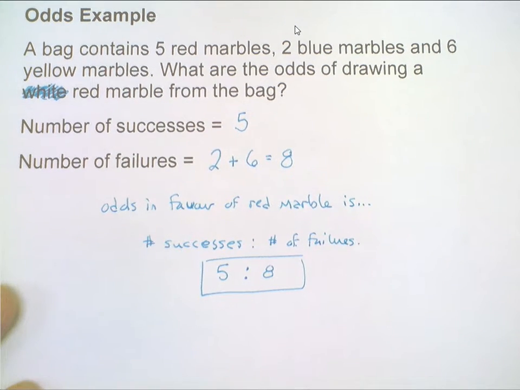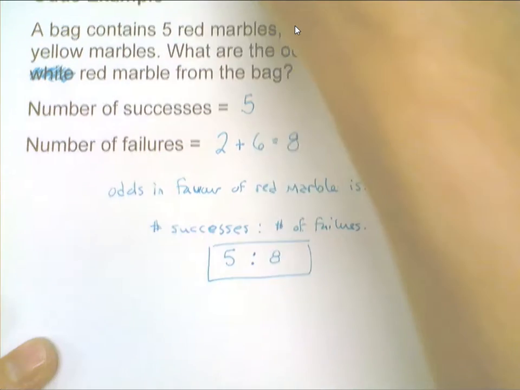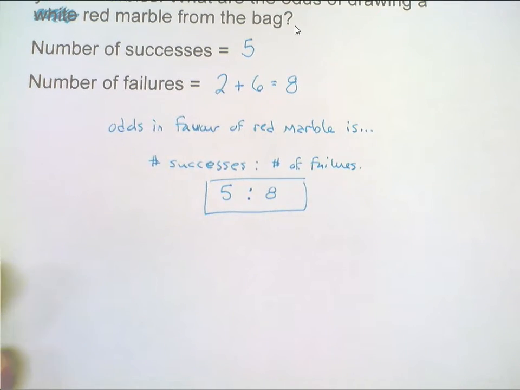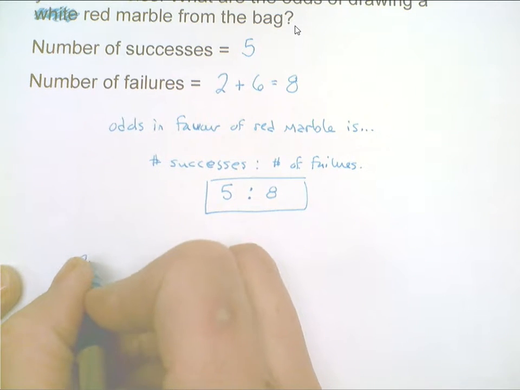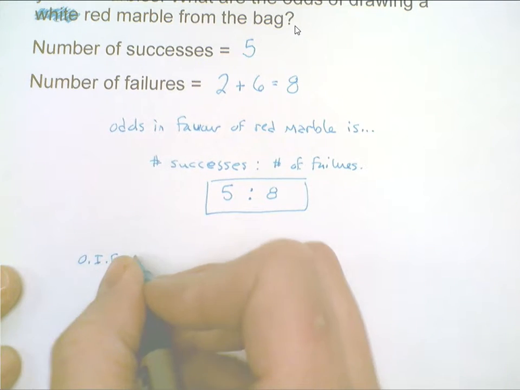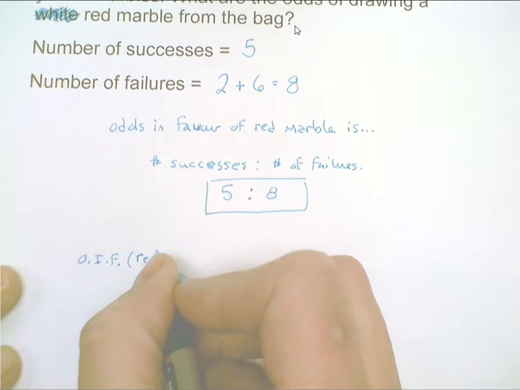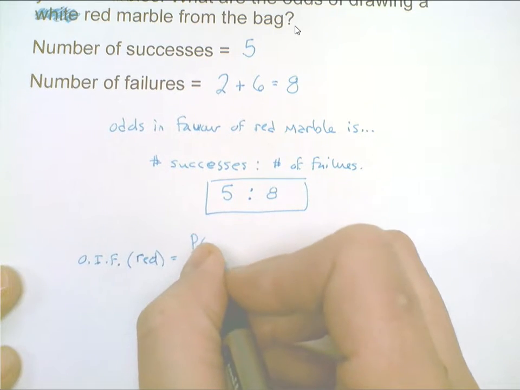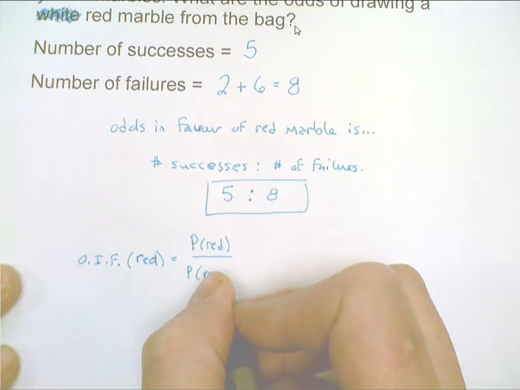So the odds are 5 to 8, which means that you're not completely unlikely. These are decent odds, and so now let's see if there's another way we can solve this. Well, the odds in favor could also be done this way. Odds in favor, I usually simplify it to OIF. The odds in favor of a red marble. So it's the probability of getting a red over the probability of not red.